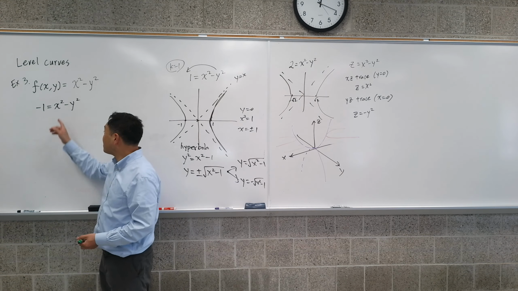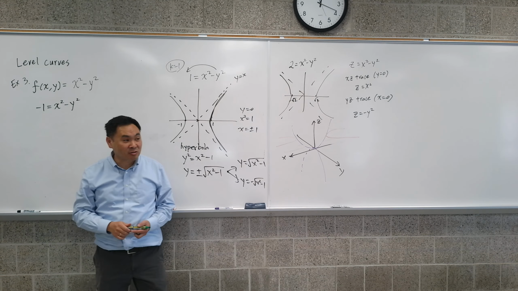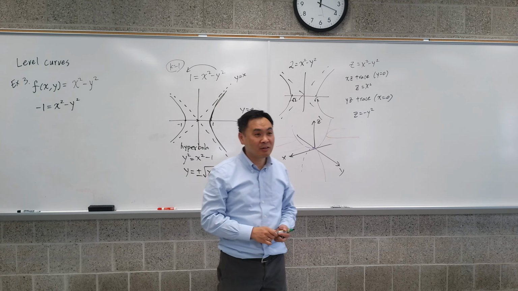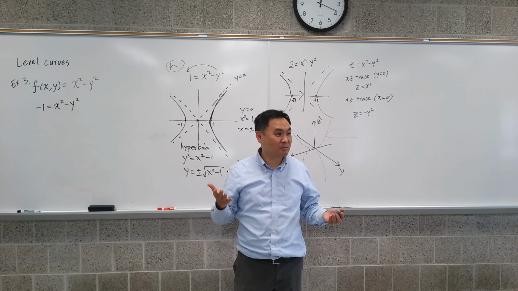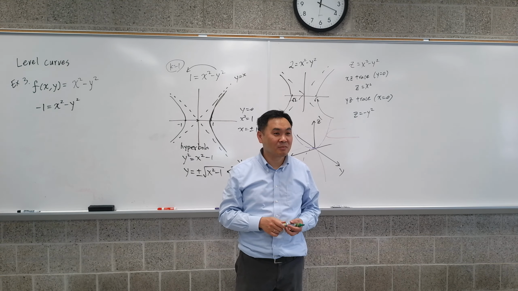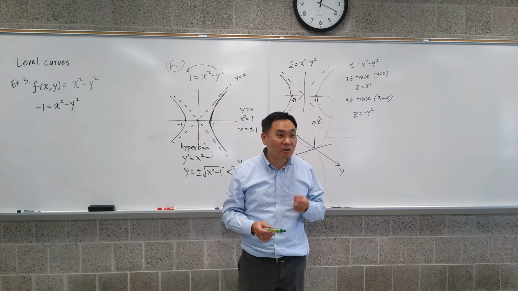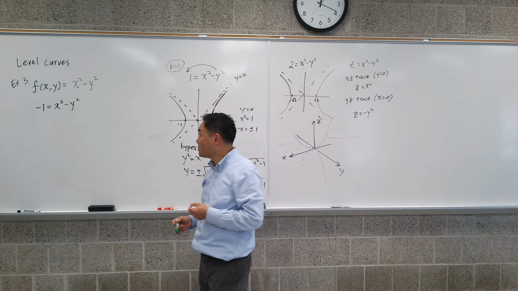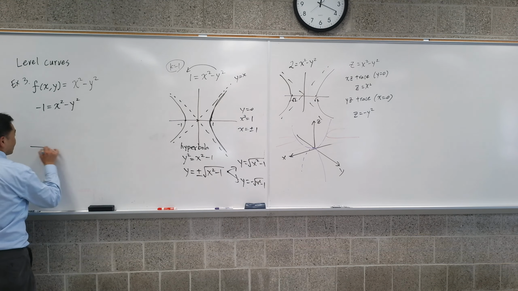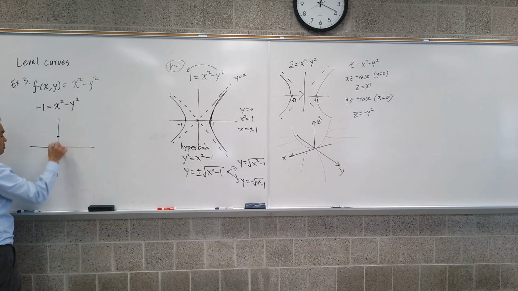If you set x at 0, what do you get for the y-intercepts? Plus or minus 1, right? So the curve is going to pass through these 2 points.